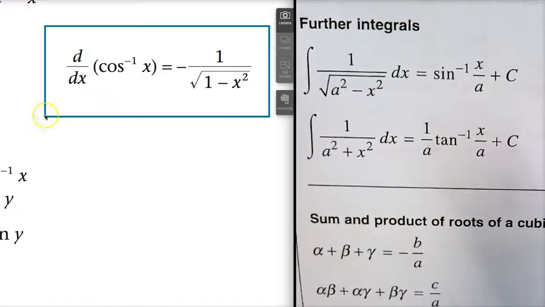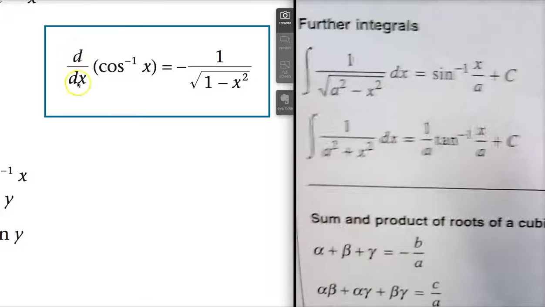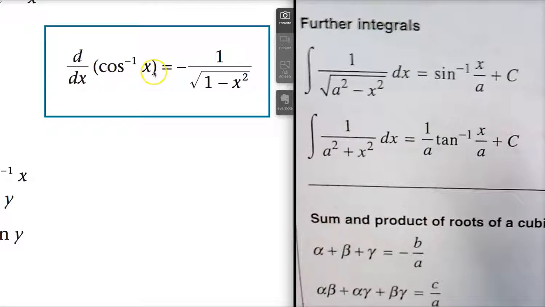So, the reason is, yeah, it's negative. Look at inverse sine of x on a. It's 1 over the square root of, let's say a is 1, 1 minus x squared. Let's look at the proof to see why. If you differentiate inverse cos of x, you get negative 1 over the square root of 1 minus x squared.